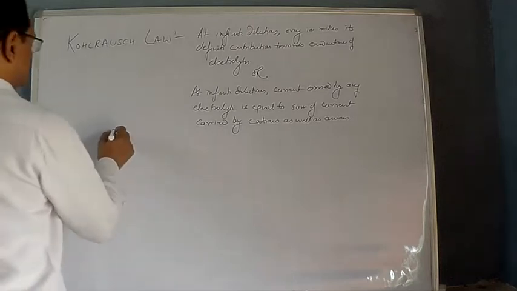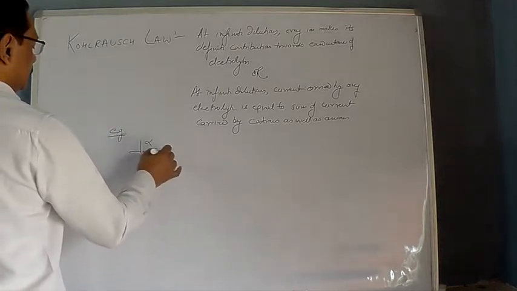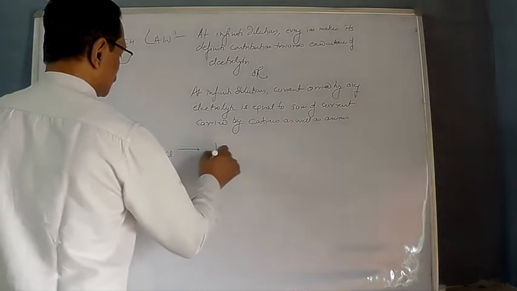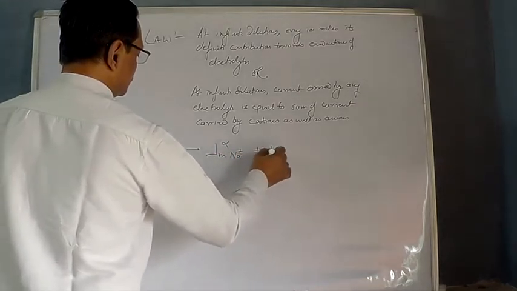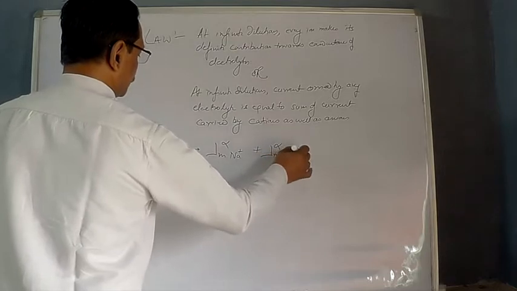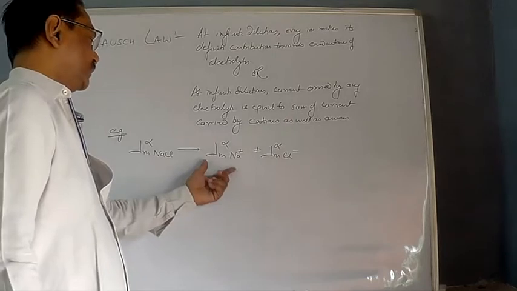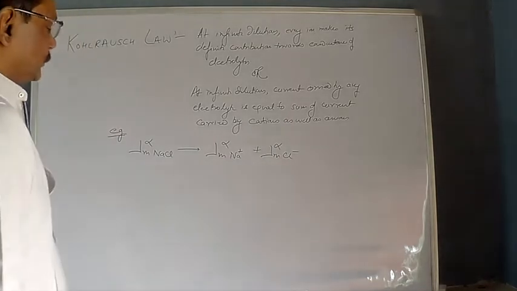Let's take an example. Molar conductance of NaCl at infinite dilution can be given as the molar conductance of sodium ion plus the molar conductance of chloride ion. So if we add the conductance of sodium ion and the conductance of chloride ion, we can very well get the molar conductance of NaCl.